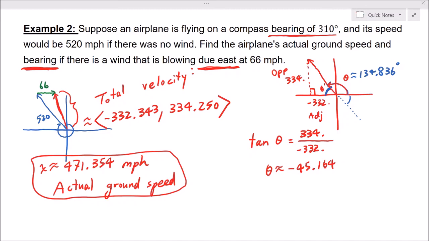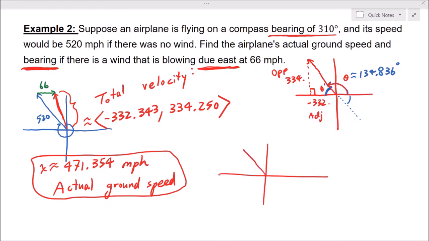But again, that is a normal direction angle, and we're being asked what the bearing is. So our diagram's gotten kind of messy. Let's draw yet another separate diagram. So here's our vector again. We just found that this part is around 134 point something. Actually, this will help as well. We also found that this is around 45 point something, right? So then to convert to a bearing, we say, okay, north is here.